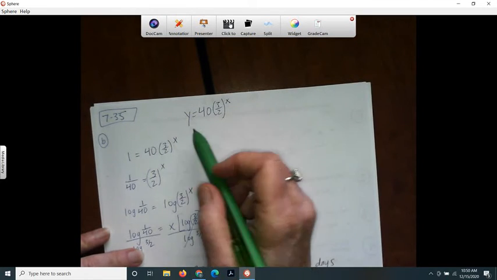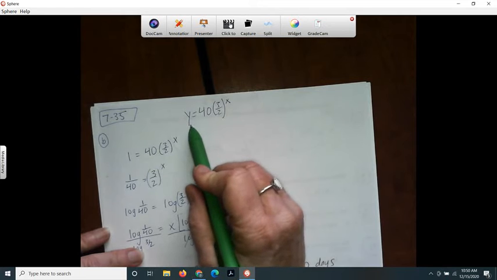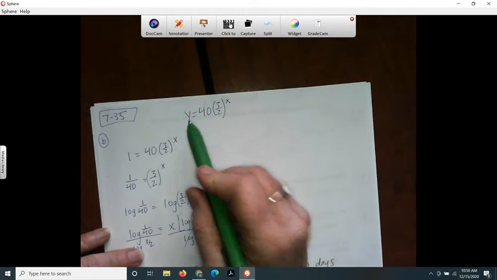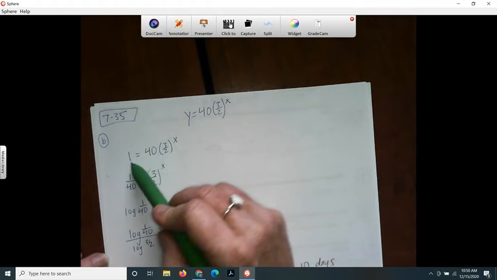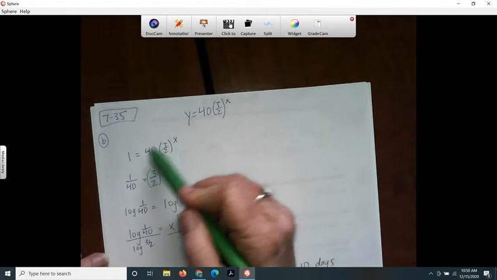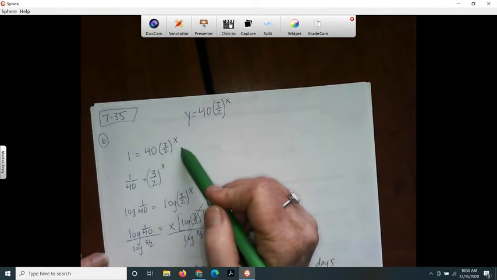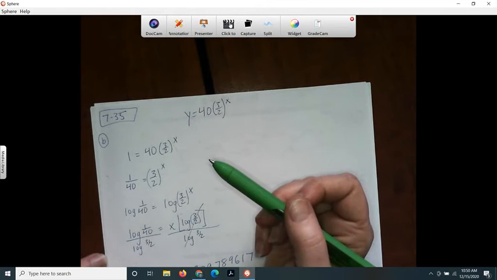So I'm going to put a 1 in for y, because y is how many pockmarks. I just substituted 1 in for y because it's the first pockmark. And then this is my equation that I found from letter A, and now I have to solve it.